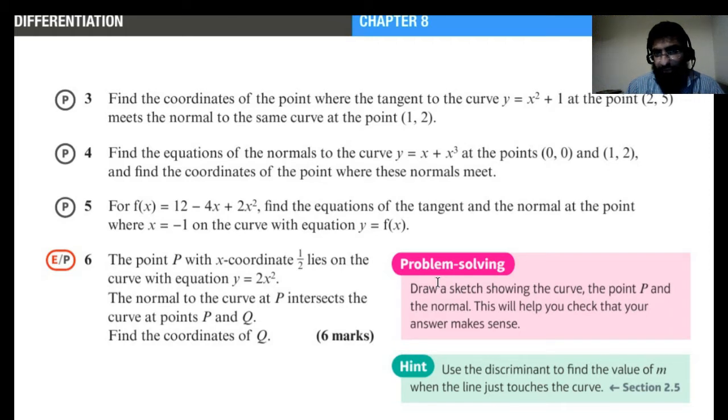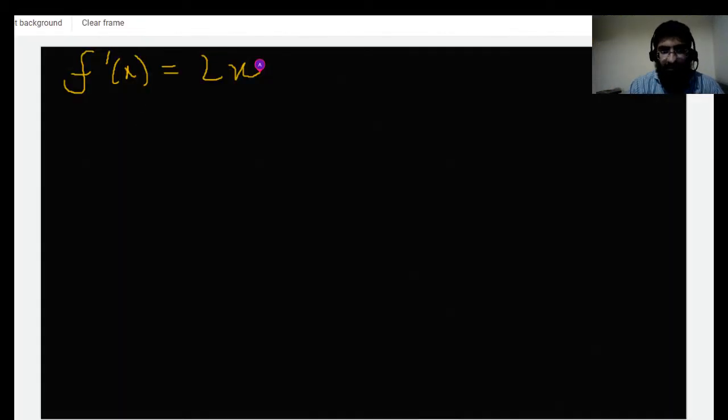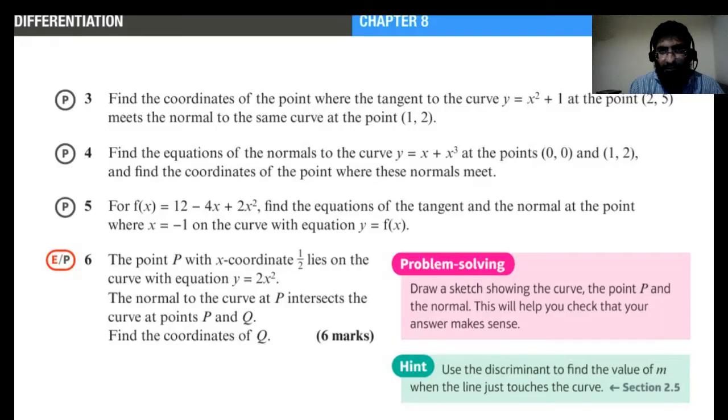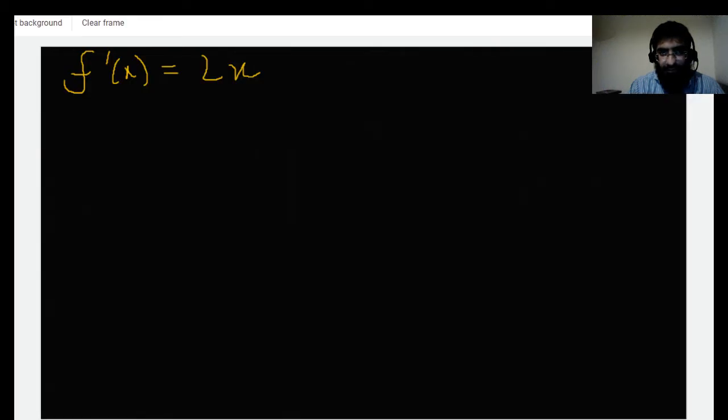This is the equation of the curve, so f dash x is equal to 2x. Then I put the values of the second point into it. So f dash x is equal to 2x, and when x is equal to 2, what would be the gradient?